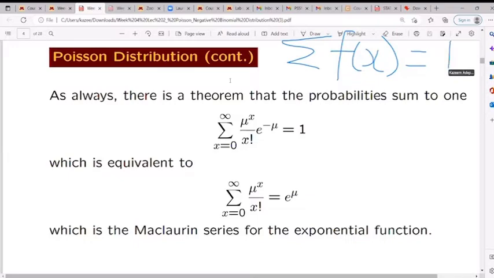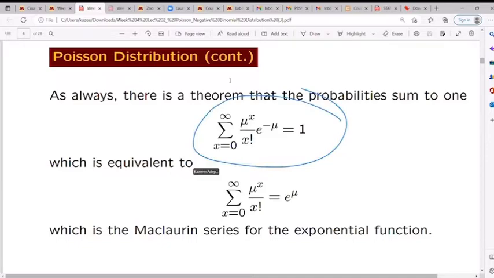So what I'm trying to tell you is that the summation of that from 0 to infinity is going to give you that. Take a look at that. Now, this is equal to 1, and there's a way you can show that.